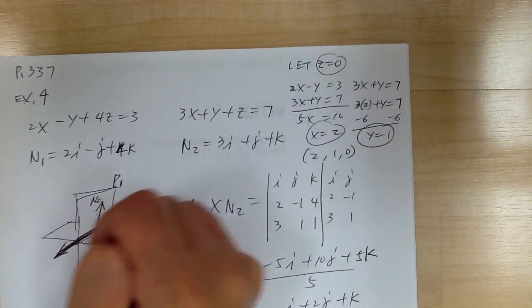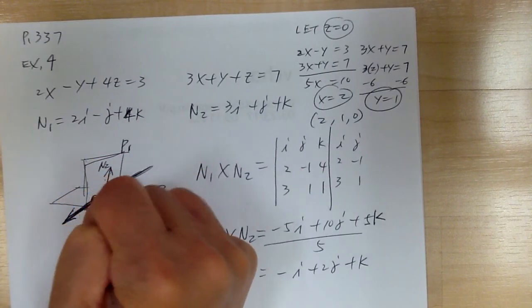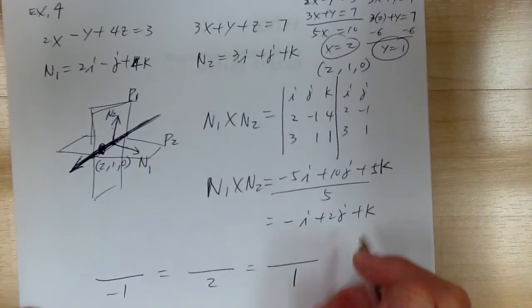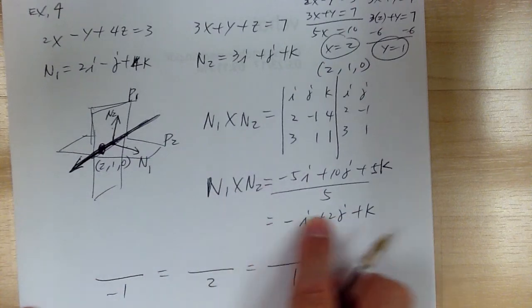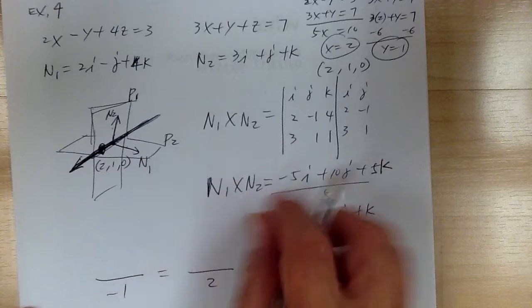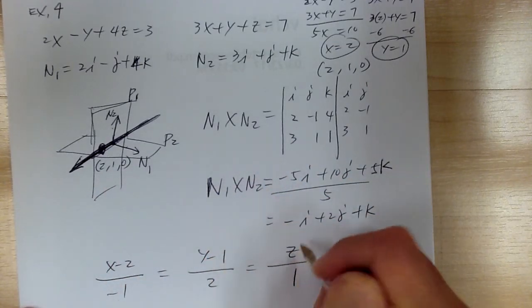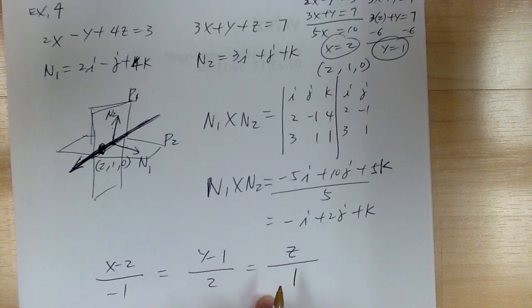So one of the points on the line would be 2, 1, 0. We found the direction and we have this point, so you can get x minus 2, y minus 1, and z. And so this would be your symmetric equation.